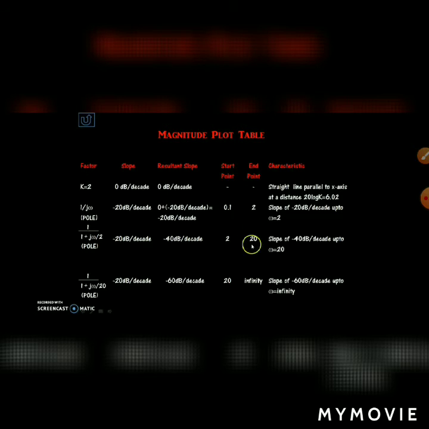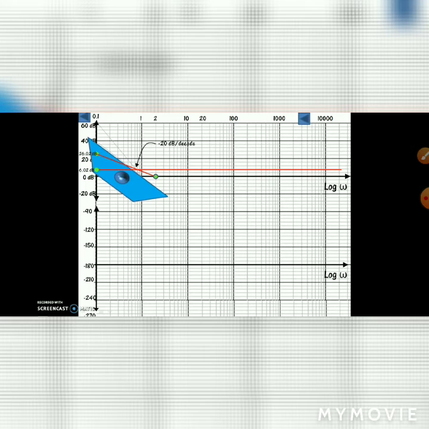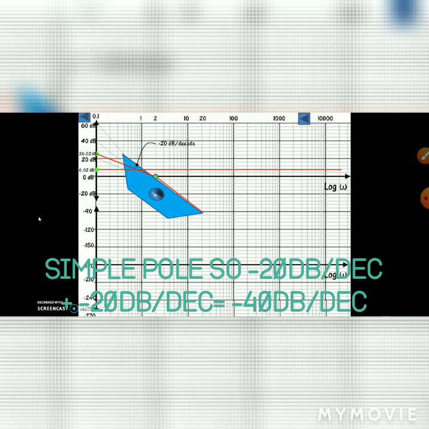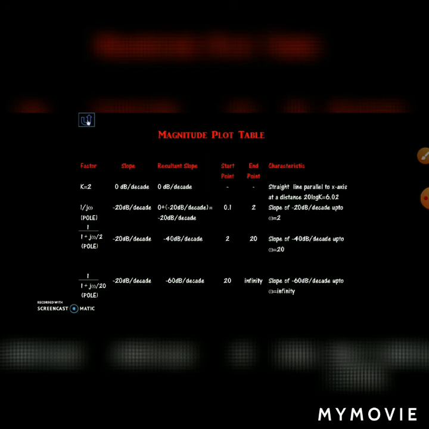Similarly, for the next pole, that is minus 40 decibel per decade, the starting point will be 2 and the end point will be 20. See, keep the scale at minus 40, then extend till the next point. Next, the minus 60 line, another simple pole, that is minus 60.